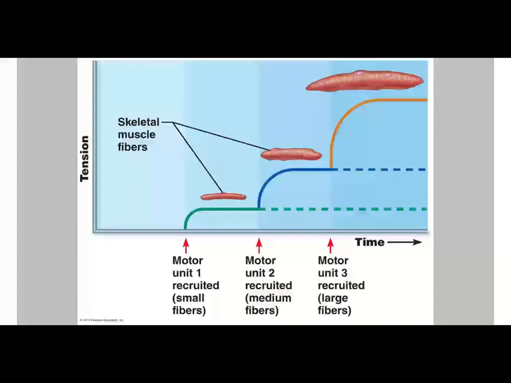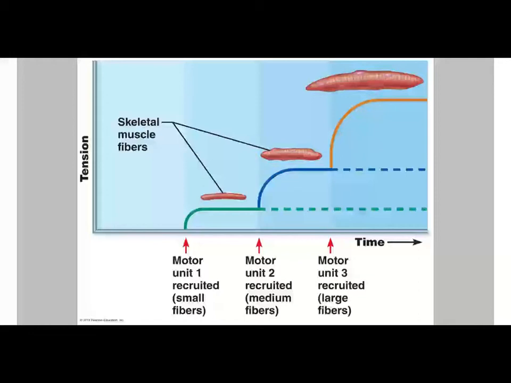But the other thing that this graph is showing us is that when we're doing motor unit recruitment, when we are adding more and more motor units to get a stronger contraction, the first motor units that are recruited have very small muscle fibers. Then we add new motor units that have larger muscle fibers.